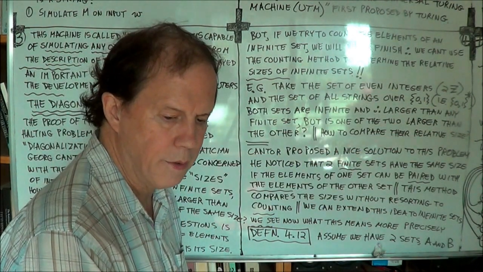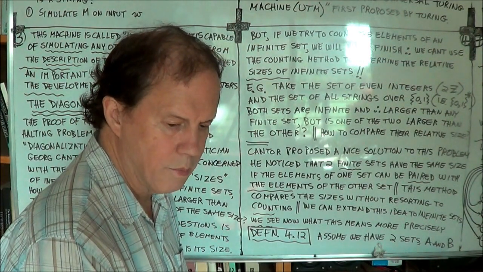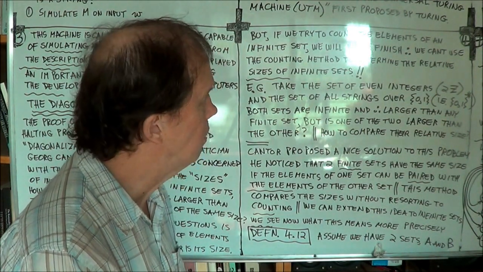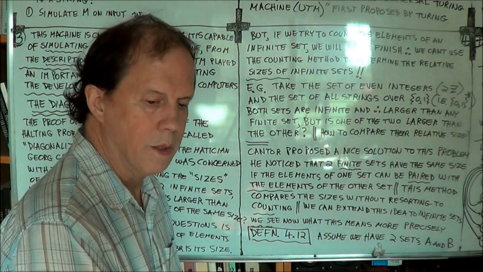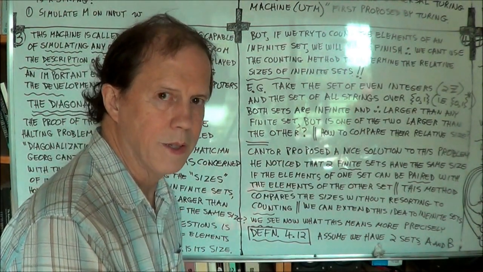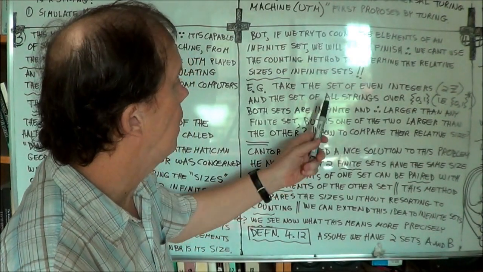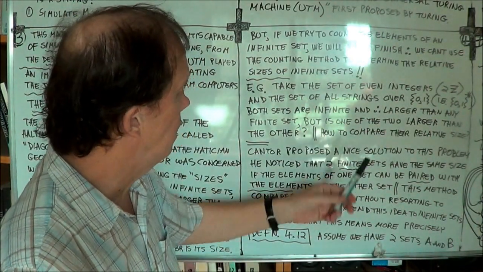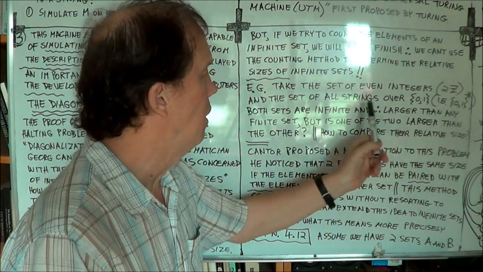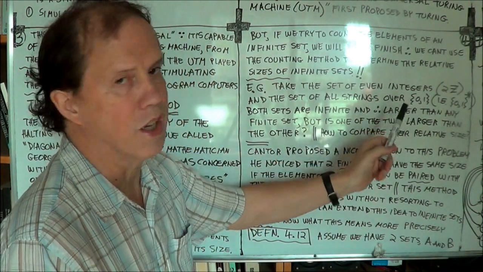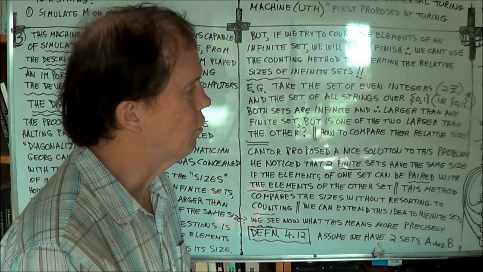So 0, plus minus 2, plus minus 4, plus minus 6, and so on, right? And so that's one infinite set. And then the other infinite set is the set of all binary strings.